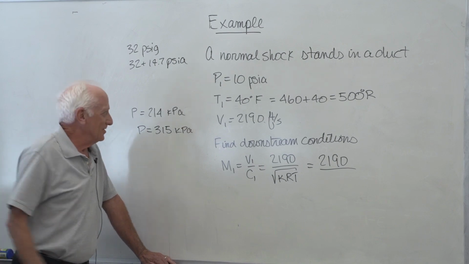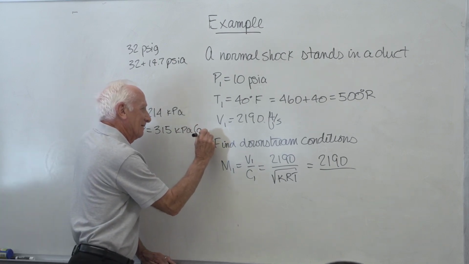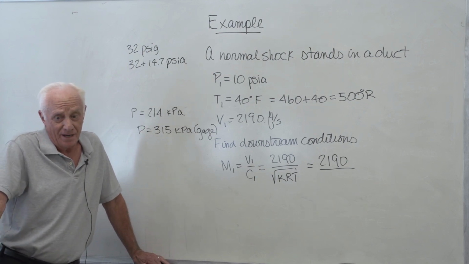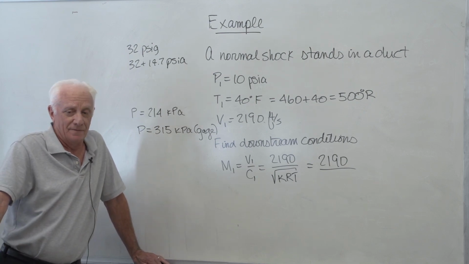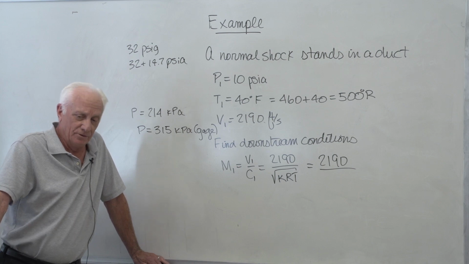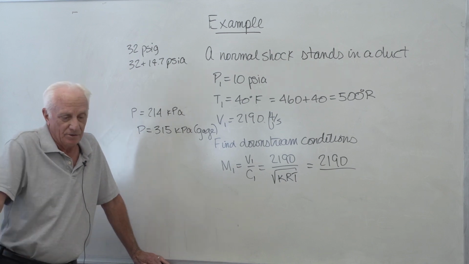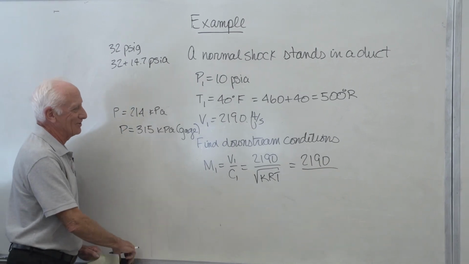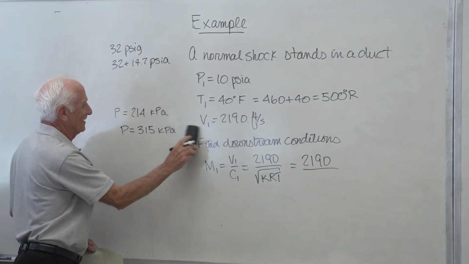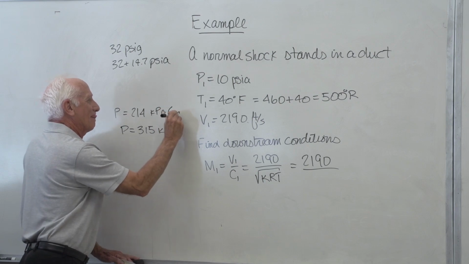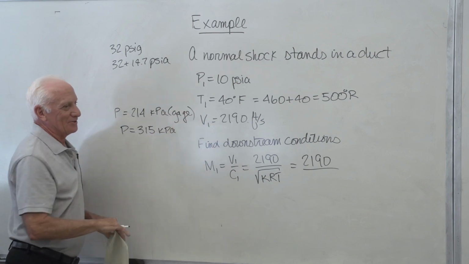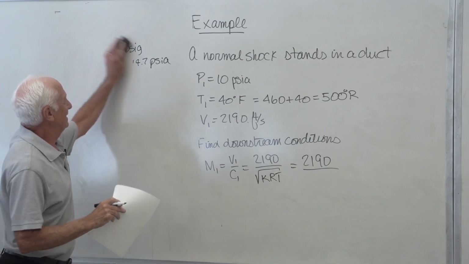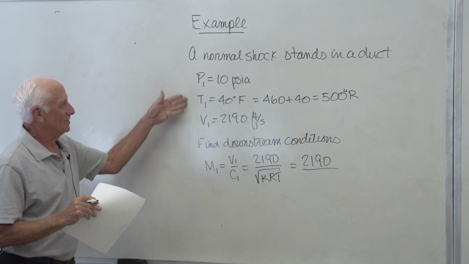And if it's gauge, you might want to do this, or in words, say the gauge pressure is. So in SI, it's kPa, that means absolute. You want gauge, you say kPa, parentheses gauge, or say the gauge pressure is 315. If you flip-flop those guys around, it should be gauge up here and absolute here. Okay, just so you know the language we're speaking here. Everything's got to be an absolute, whether it's temperature or pressure.